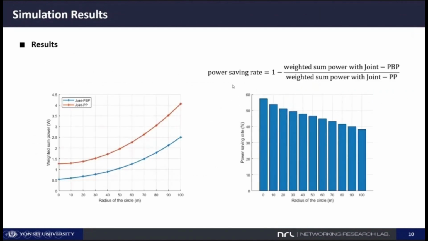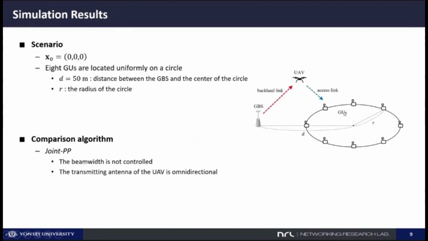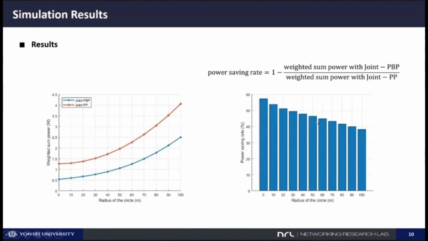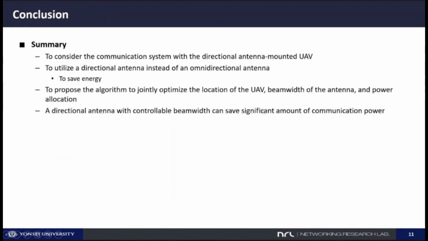And also, we define power saving rate as this, which means how much energy is saved when using joint PBP algorithm compared to when using joint PP algorithm. And we show that as the radius of the circle decreases, the power saving rate increases, which means that as ground users are denser, the saving rate is more efficient.